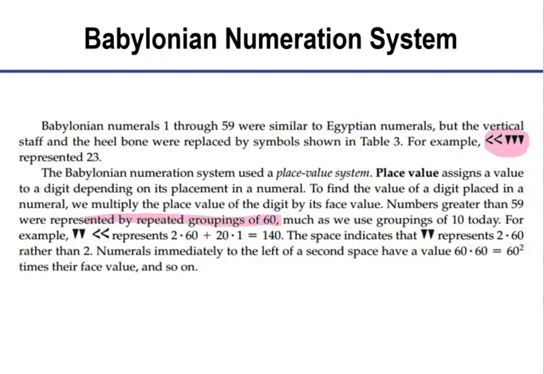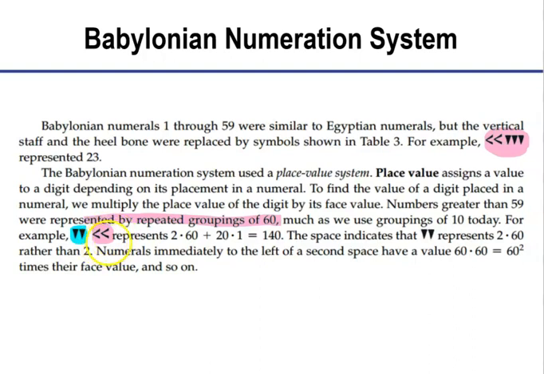So for example, check this out. So I've got the two symbols here. Now that meant 2 before, but notice how they're scooched over to the left. So this is a separate area than this. So when it's scooched over like that, you multiply it by 60. So there's 2 of those times 60 plus 20. Well, that's 20.